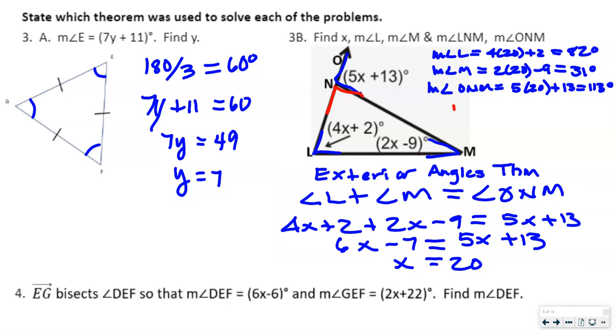Couldn't we subtract 180 minus 113? That would be 67 degrees, right? So that's going to be the measure of angle LNM. That's that interior angle. Y'all got me? It's a linear pair with the exterior angle.